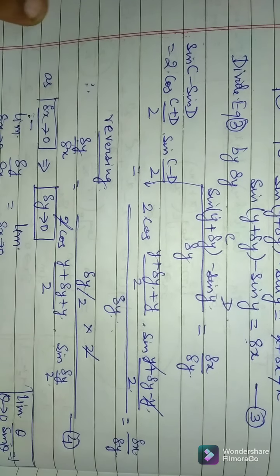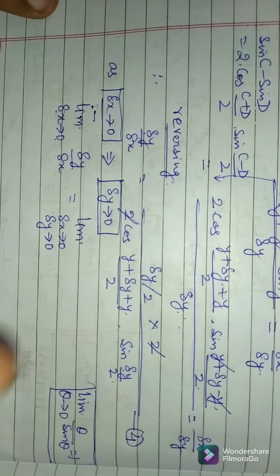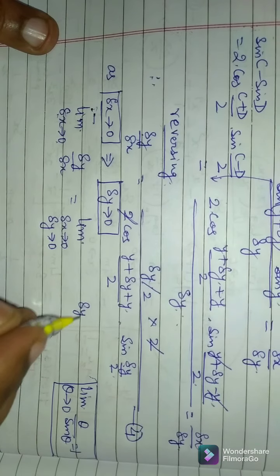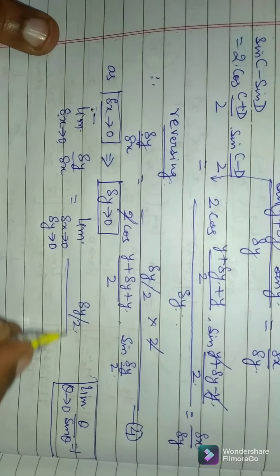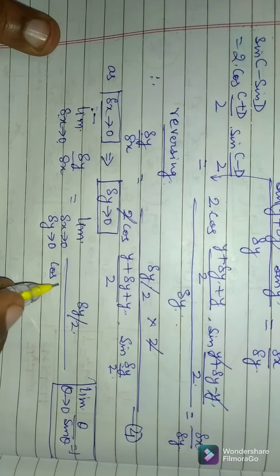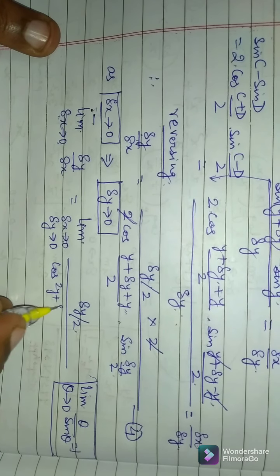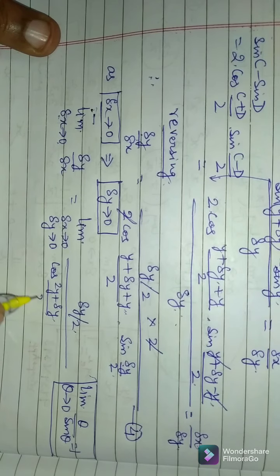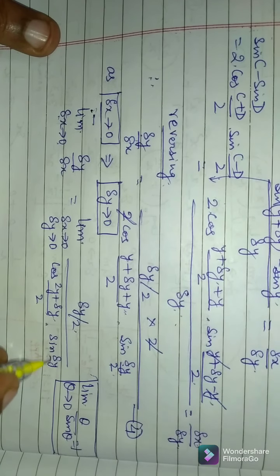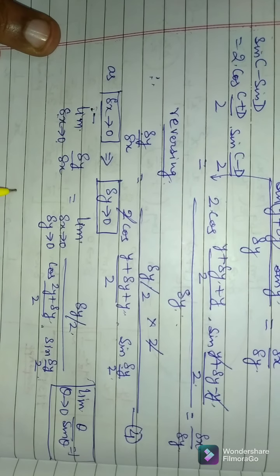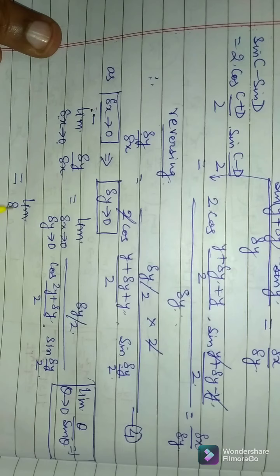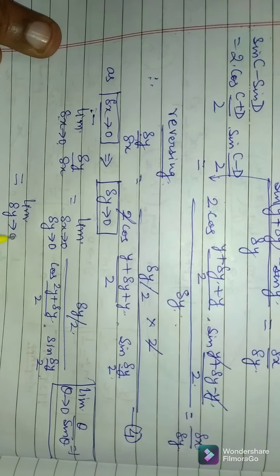I have written both so that there will be no confusion. So this is delta y upon 2 by cos of (2y plus delta y) upon 2 into sine of delta y upon 2, and here we write limit delta y tends to 0.